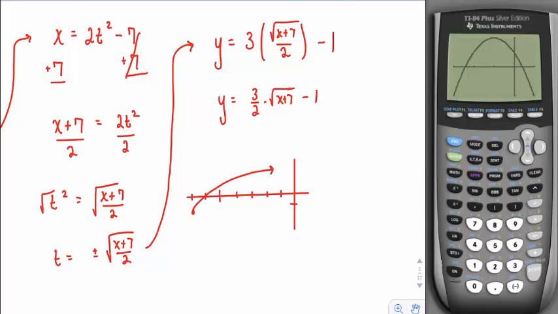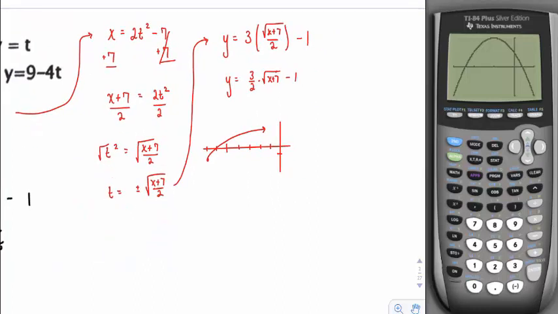This is a square root function parent graph. So I have that graph, and then we just do the exact same thing with the negative, and I have negative square root x plus 7 over 2 minus 1.